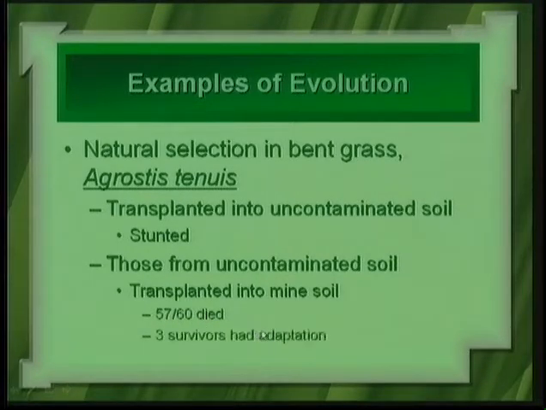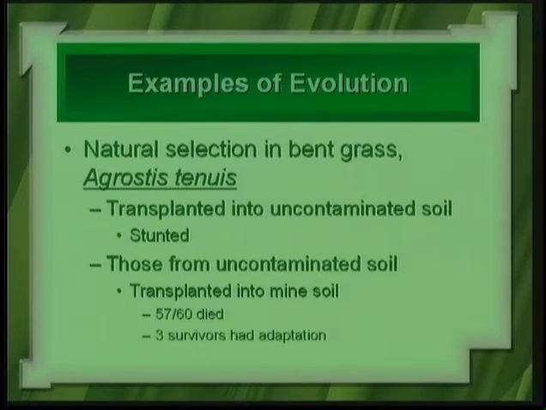Okay, so the three survivors just happened to have the genes and the alleles that allowed them to grow in this mine soil. One of the things you have to remember is that the genetic change takes place first, and then the environment acts upon whatever the phenotype is, because you remember the genotype determines the phenotype, or the outward expression of the gene.